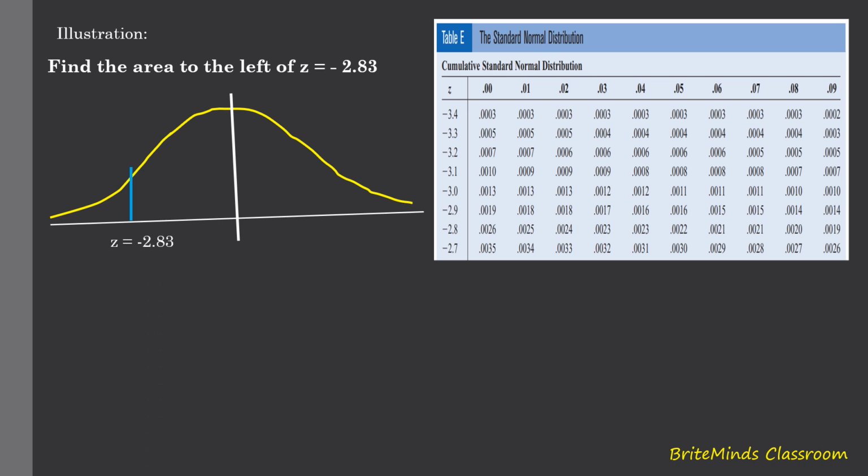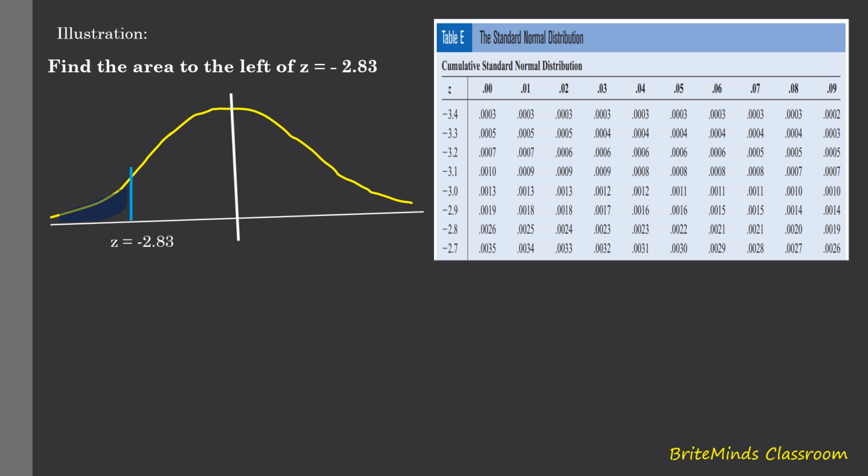Then we need to shade the region. So this region is the needed area. After shading the region, the next thing to do is to look up the table of values.